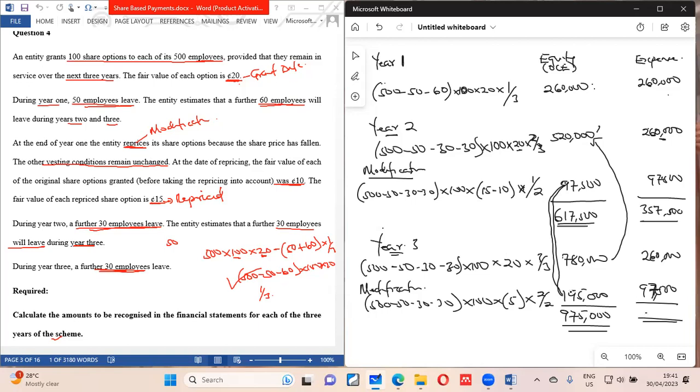And this side will be how much? $357,500. So that's that. If you finish and you want to do the P&L thing that we do, do staff cost and bring these figures. So it will be this one, and this one. Then you do the SOFP and put 260,617, then 975. All right.